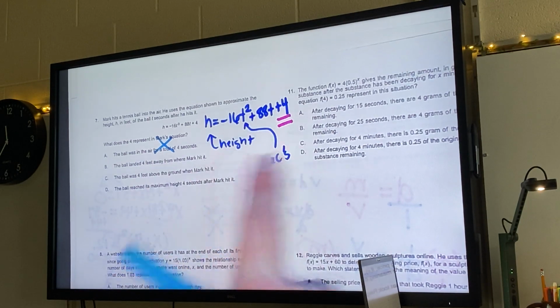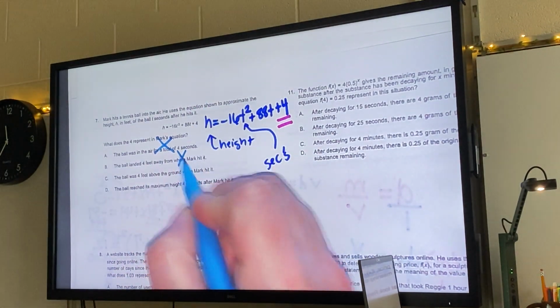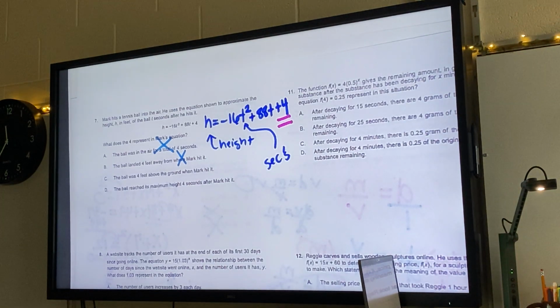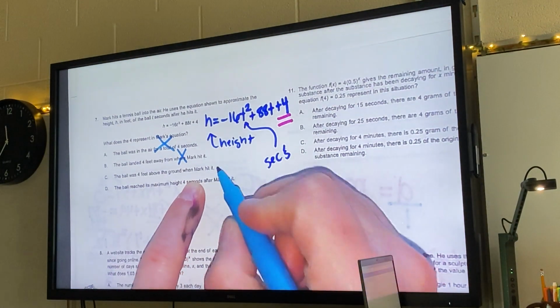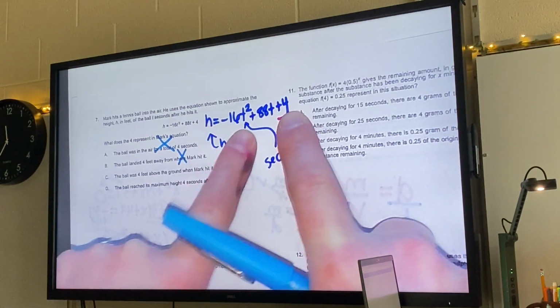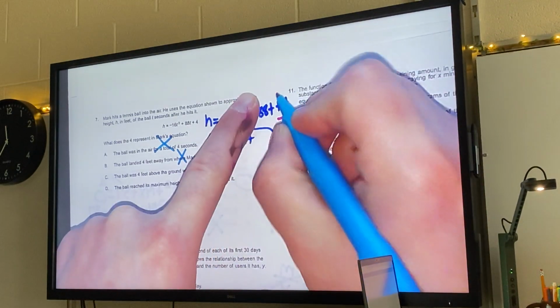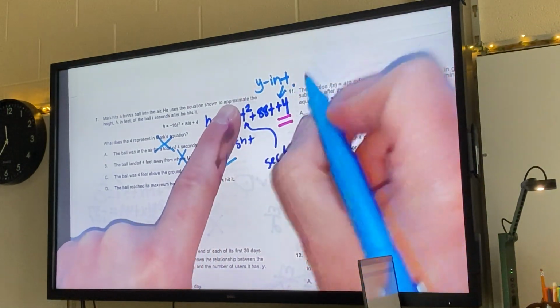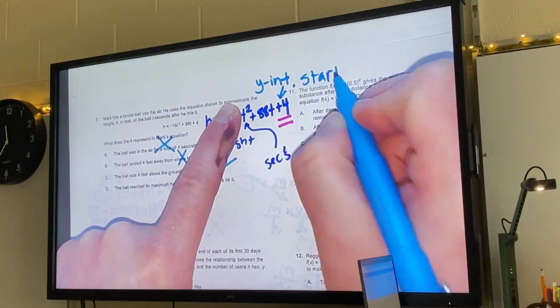It doesn't go with anything we have, so no. The ball was 4 feet above the ground when he hit it. That one would be correct. The plus 4 tells me it had a height of 4 when the time was 0. That is the y-intercept, so that is the starting height.